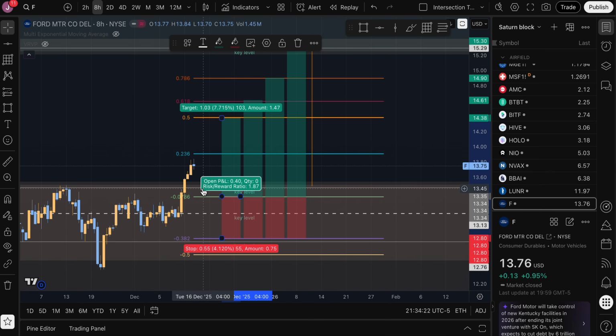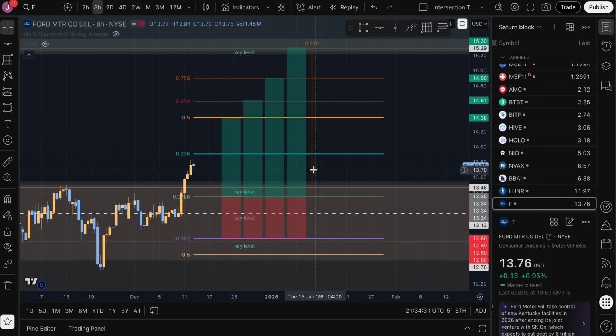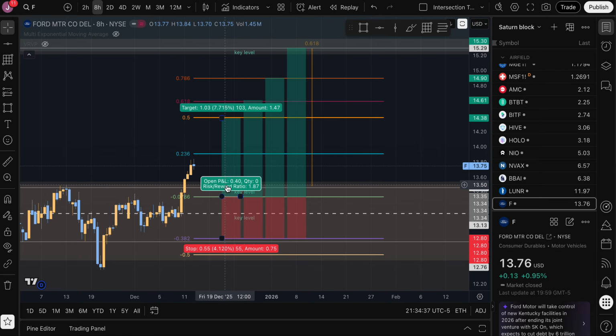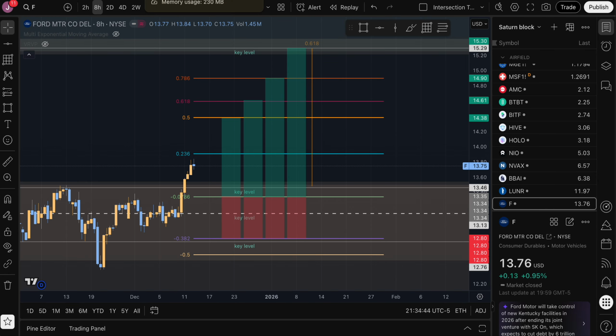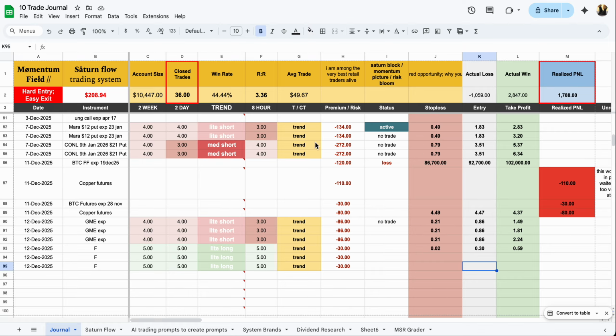Or if it's coming back to this key level, is it strong to bounce, or is it strong to continue down, at which point we need to readjust the trade. So these are just pending entries, but they're not hard or active by any means. Okay. So that's what that would look like.